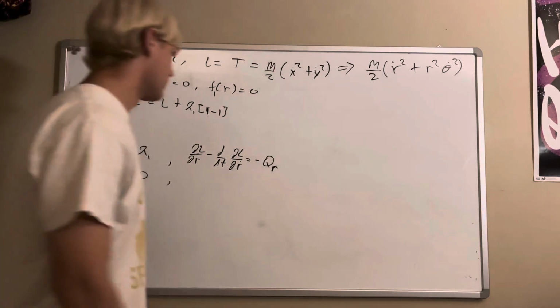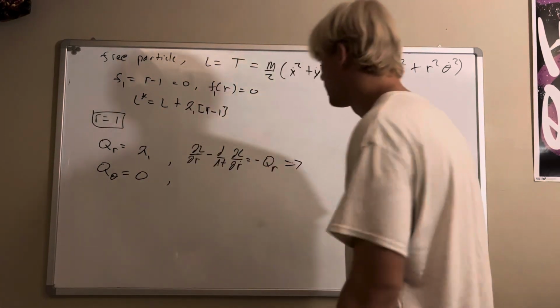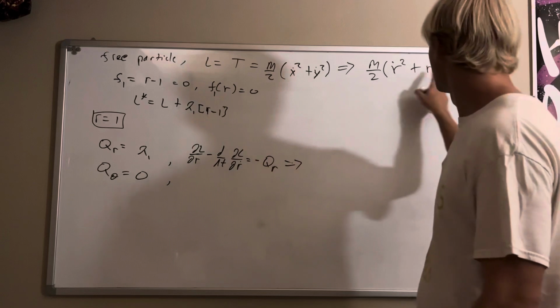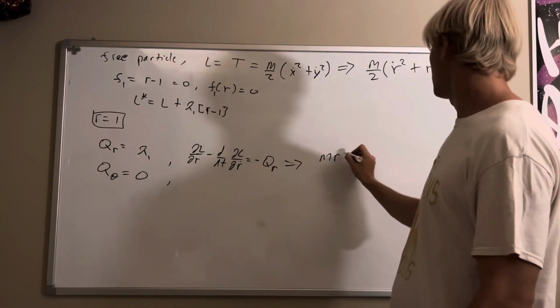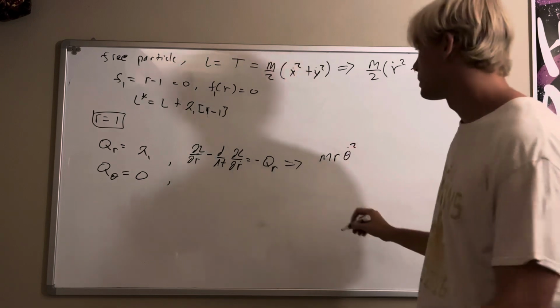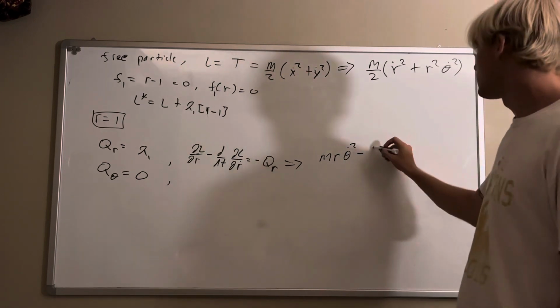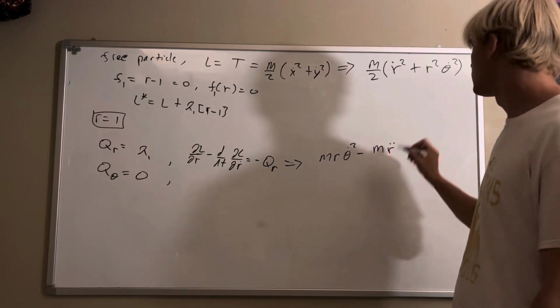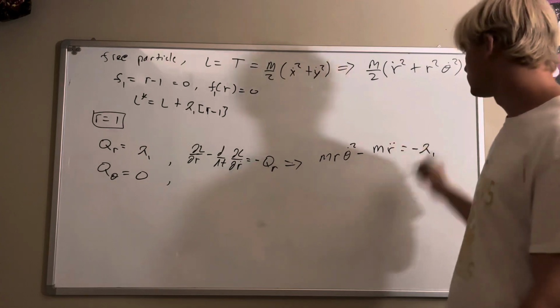I wrote it here earlier, but this is the same thing. With respect to R, you get m r theta dot squared minus m r double dot is equal to negative lambda 1.